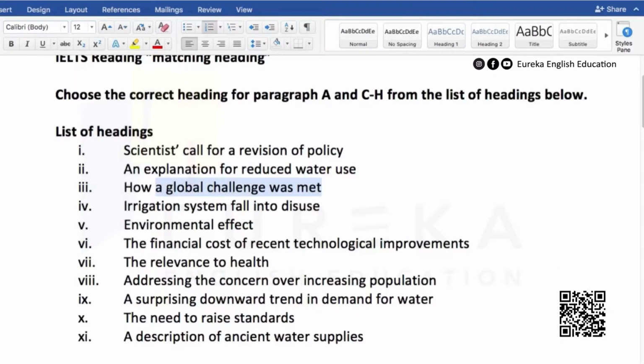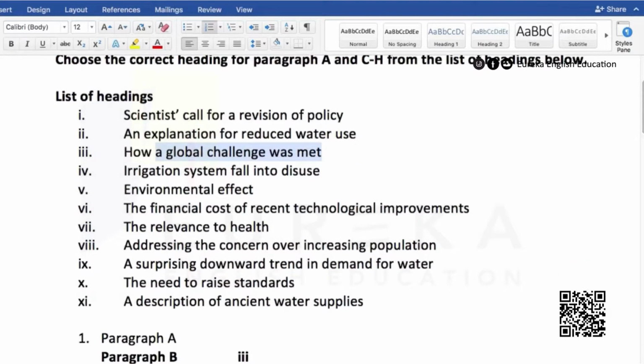Global challenge has been the example for paragraph B, so we can skip this one. Irrigation systems fall into disuse: I don't think there's a description about irrigation systems. Environmental effect, not really. The financial cost, I don't think so. Relevant to health, not really; it's not about health.